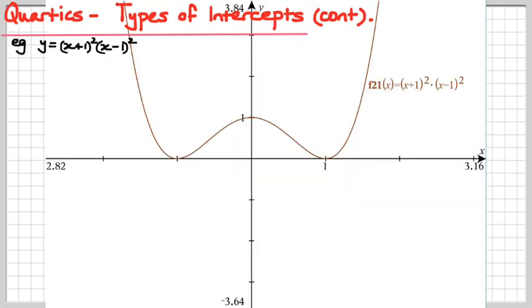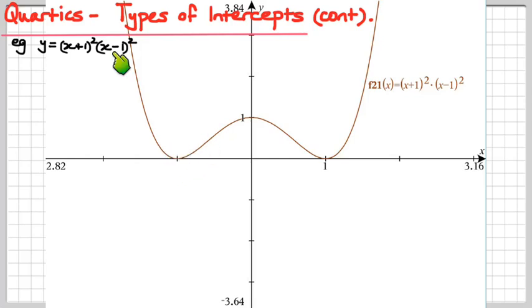Another one. Here we've got the W shape, right? In this case, I call these the quadratic-y looking factors. They're repeated twice: x plus 1 squared, linear factors squared, and we've got x minus 1 squared. So at the point where x plus 1 equals 0, or x equals minus 1, the curve comes and just touches the x-axis and moves away.